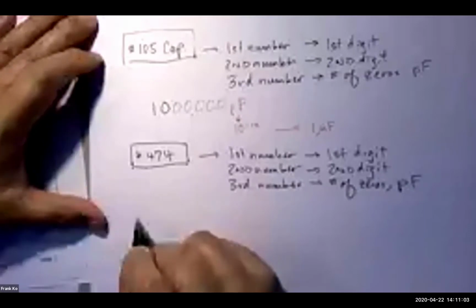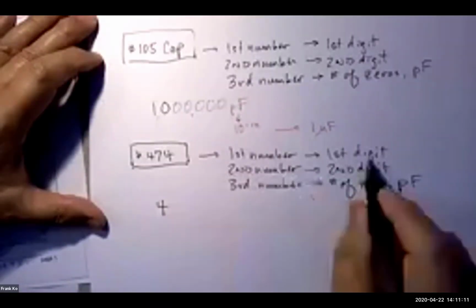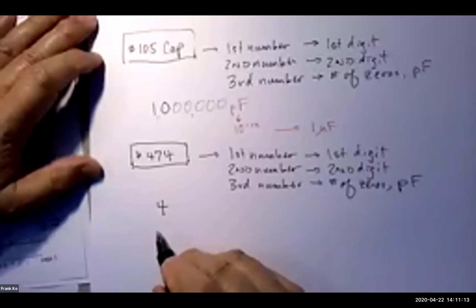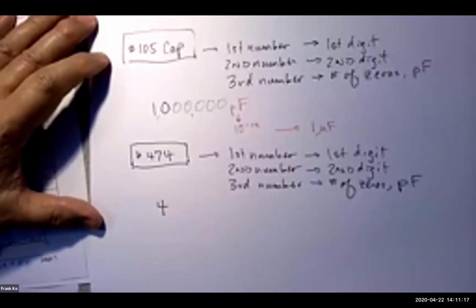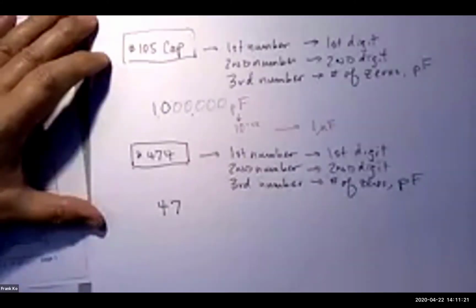Andrew, do you have my first digit? What's my first digit? 4. The first number represents the first digit, it's a 4. My second number, let's take a look. Christian, what do you have? 7. Okay, so Wenbin, coming back to you.